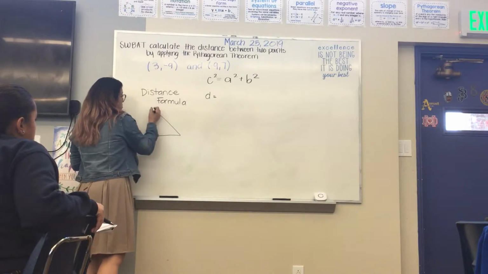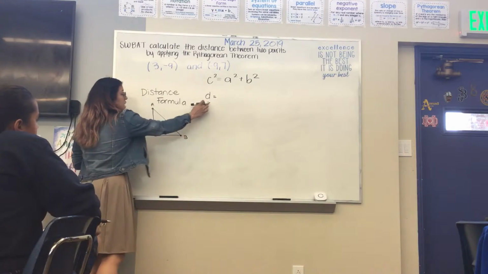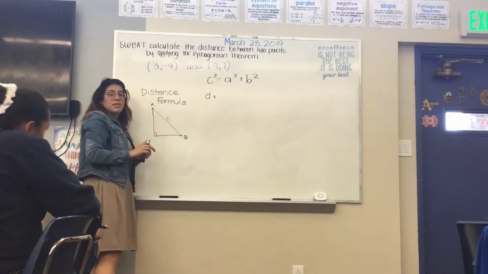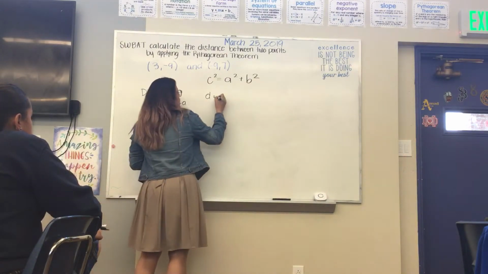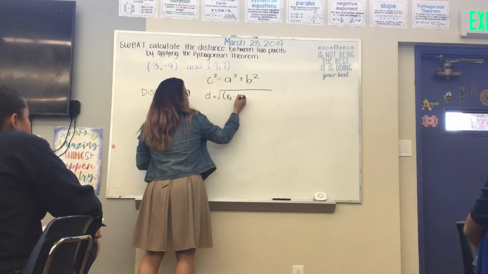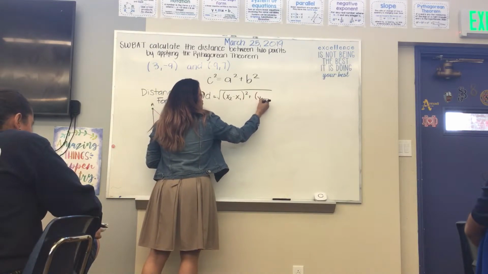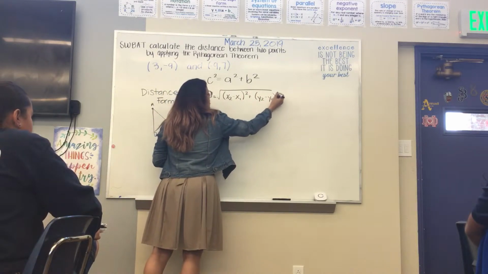So the distance between point A and point B, that's D, but it's also C. It represents C. The square root of x2 minus x1 squared plus y2 minus y1 squared.